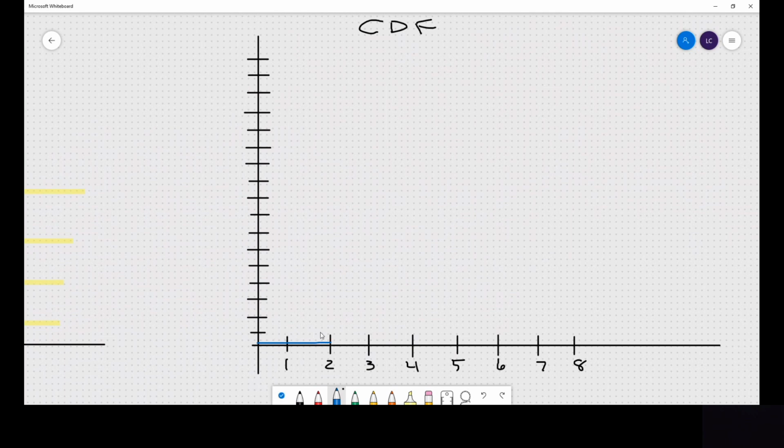At that point, it goes up to 1/16. And then it stays at 1/16 until it comes to here, and then it goes up 2/16, which is 1, 2. So it goes up to here. It's supposed to be a straight line, like a step function.